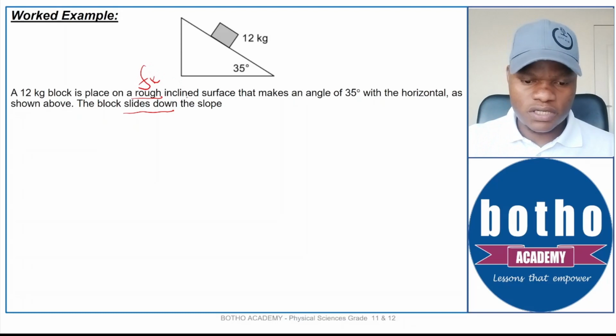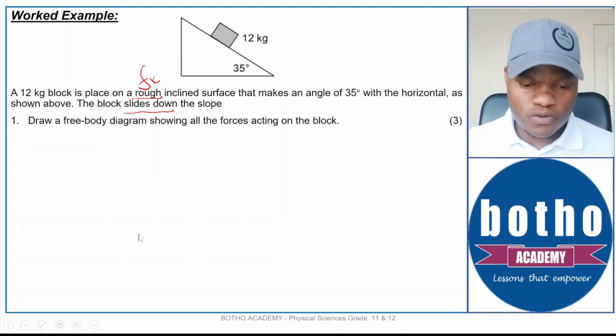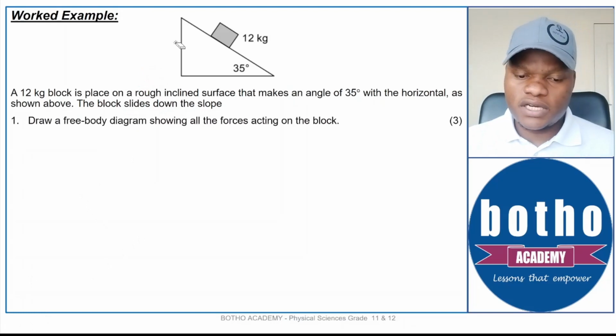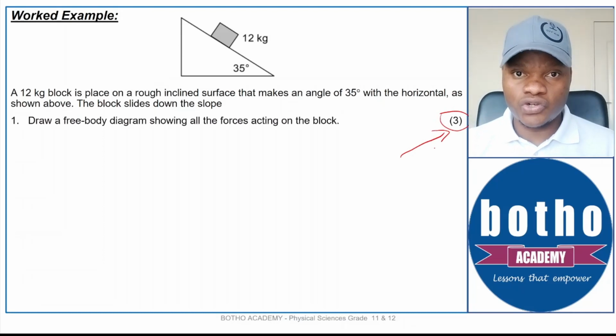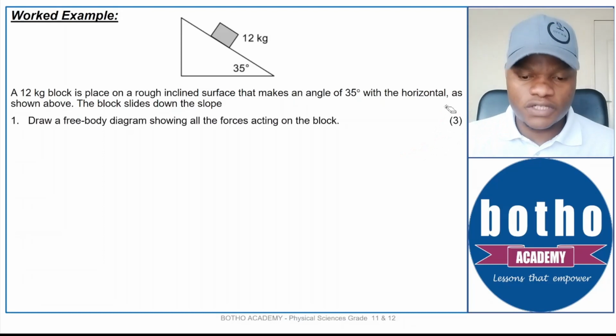That is very important. Now let's move to what the question is requesting of us. Draw a free body diagram showing all the forces acting on the block. Usually the number of marks here tells you how many forces to draw. In this situation, we are expected to draw 3 forces.